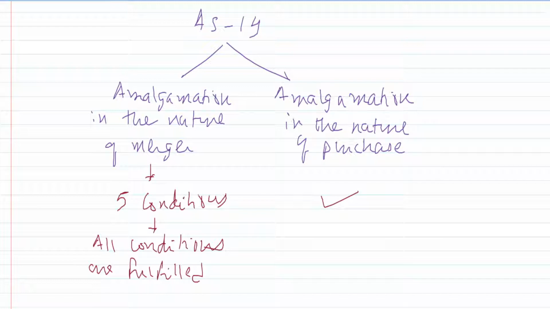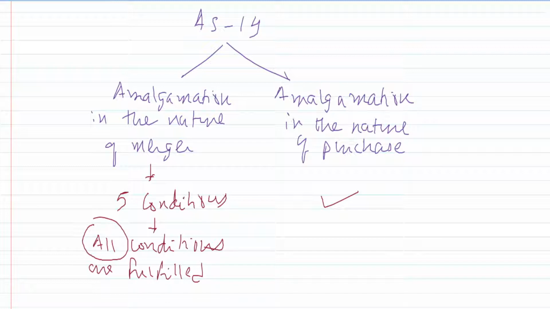For example, five conditions are there, you satisfy four conditions, still it is amalgamation in the nature of purchase. Five conditions are there, you satisfy only three conditions, two conditions, one condition, every time it will become amalgamation in the nature of purchase. All five conditions are satisfied, all, then it is amalgamation in the nature of merger.